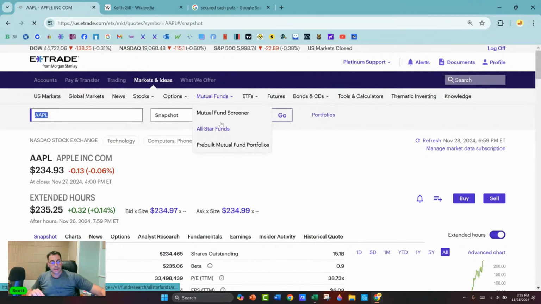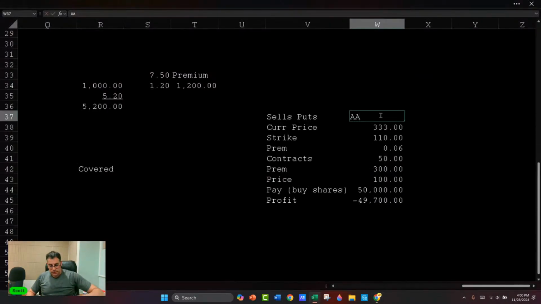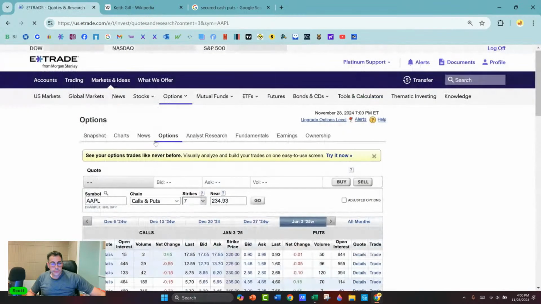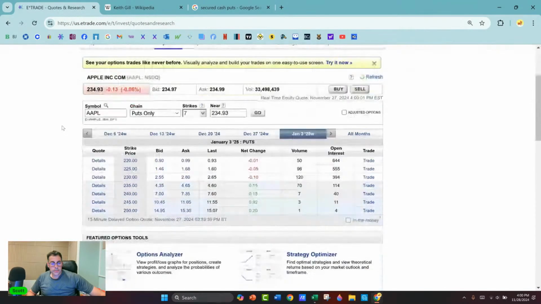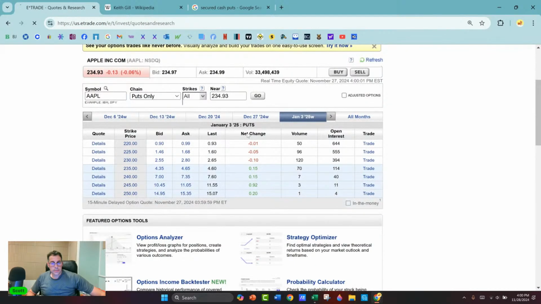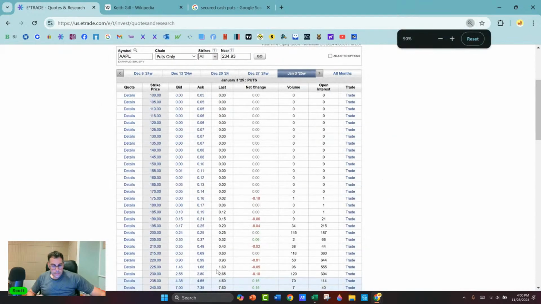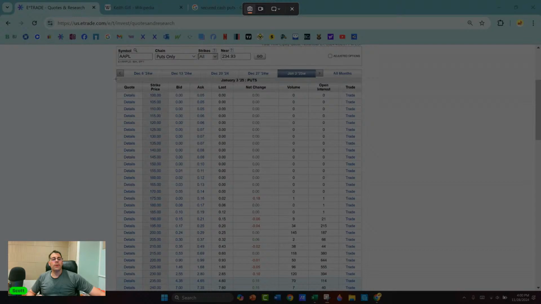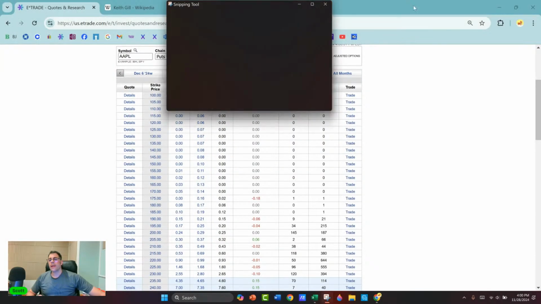The risk, I guess you can't go so far out of the money because, I mean, you could, but it's pretty unlikely to happen, right?